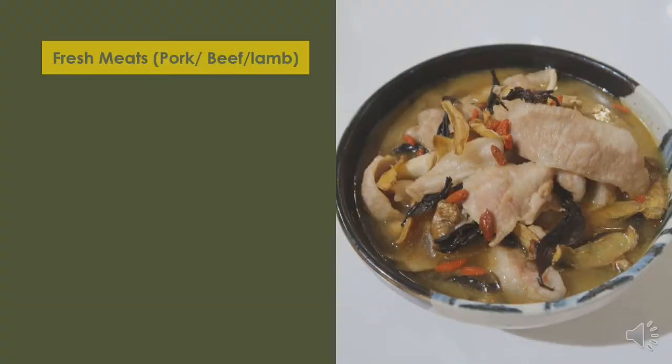Right. The first one, fresh meat. We talk about pork, beef, and lamb. Since you know CAS is quite important, look at the bowl on the right-hand side. Inside that there is ma you zhu, which uses ginger and sesame oil with quite a lot of Chinese medicines and herbs.